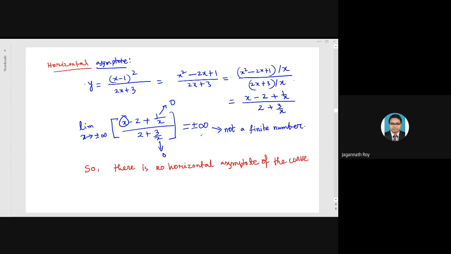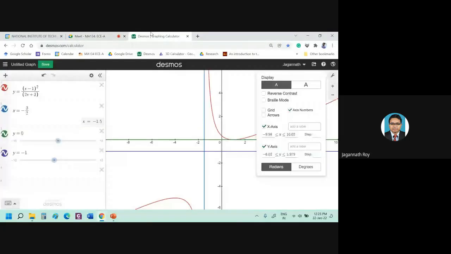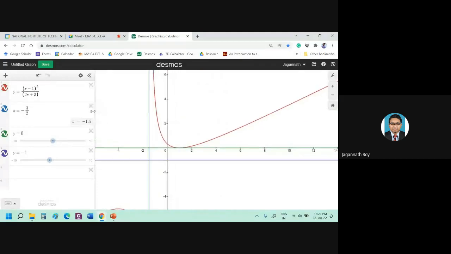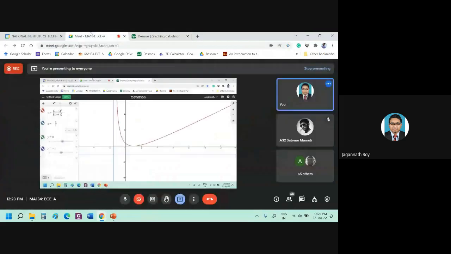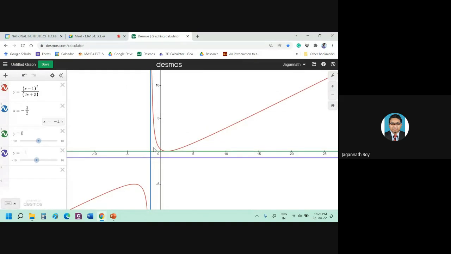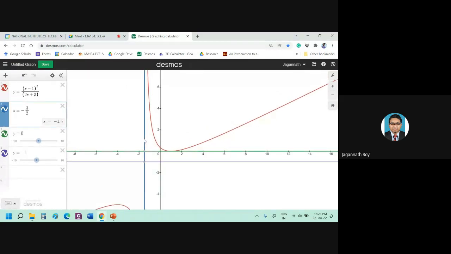So let me share this screen again. So I think it is visible to you. Yeah, here it is. If you look at this blue line, this line is minus 3 by 2.